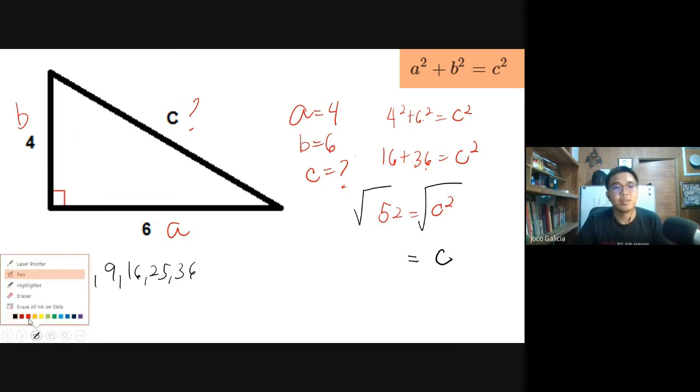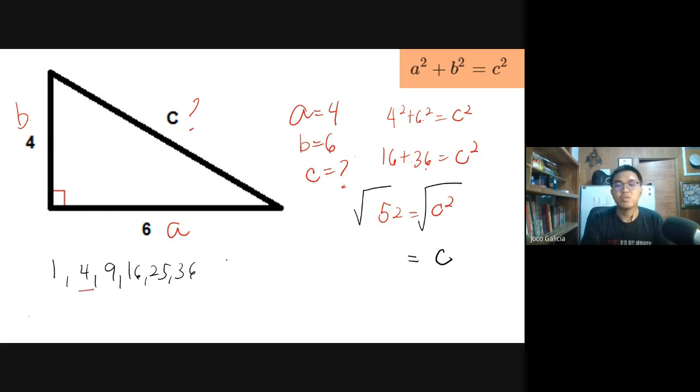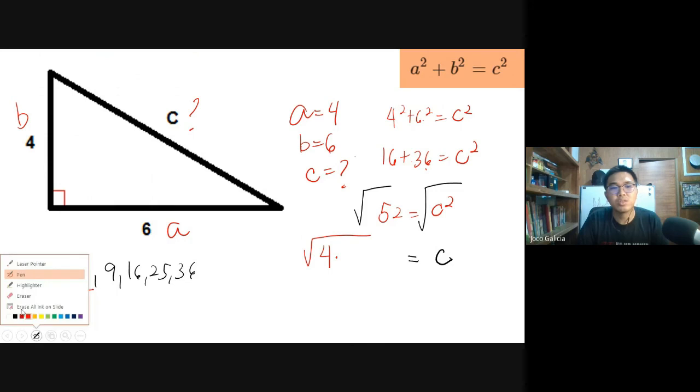Hindi. Si 9 ba divisible? 9, 18, 27, 36, 45, 54. Hindi rin. Si 4 kaya? Si 4, pwede. So, square root of 4 times what? 4 times 13.